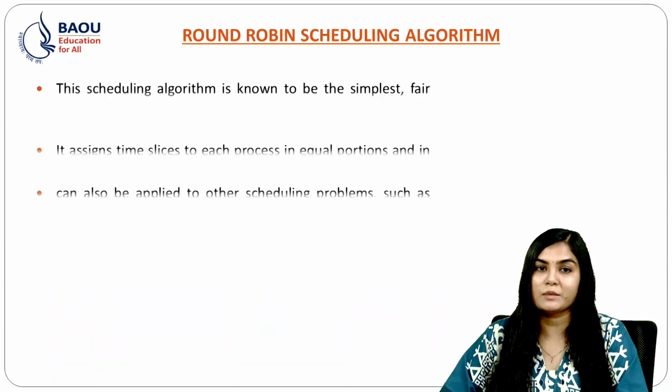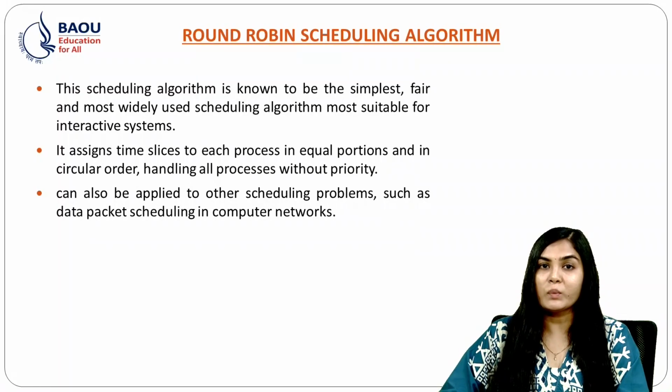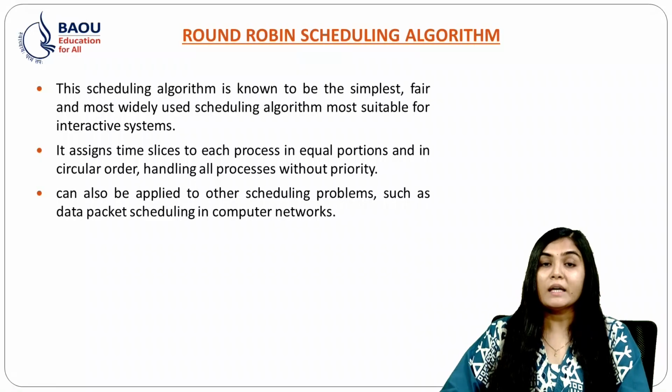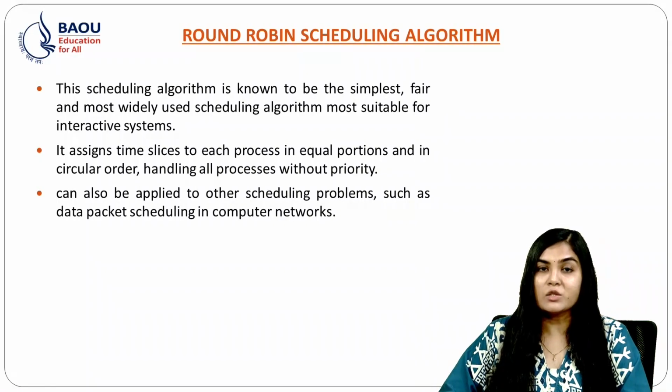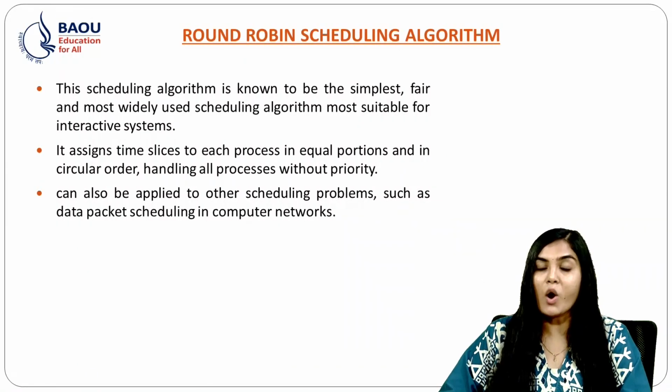So, let's start. This scheduling algorithm is known to be the simplest, fair, and most widely used scheduling algorithm, most suitable for interactive systems. It assigns time slices to each process in equal portion and in circular order, handling all processes without priority.